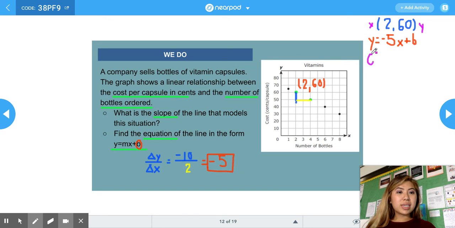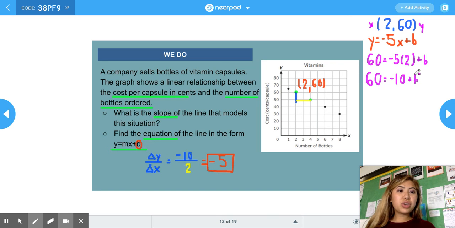So I have 60 is equal to negative 5 times our x, which is 2, plus b. Then we have 60 is equal to negative 5 times 2, which is negative 10, plus b.